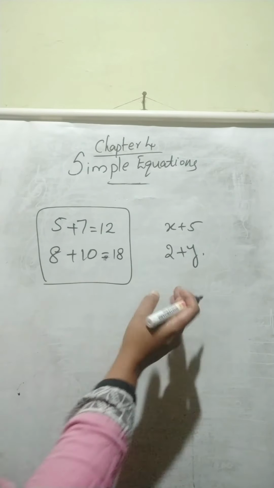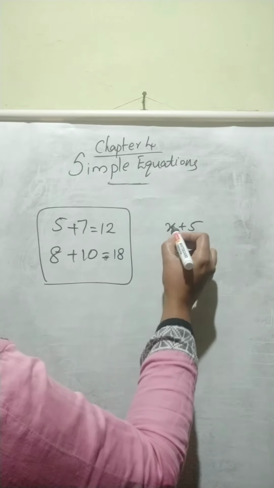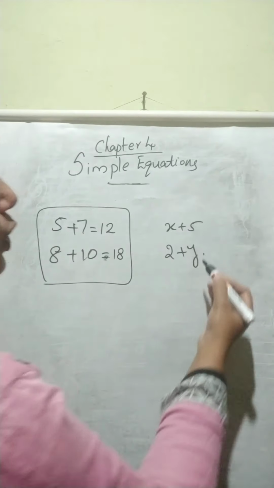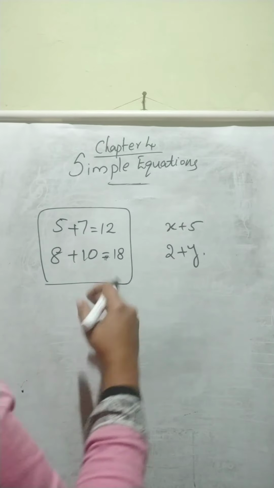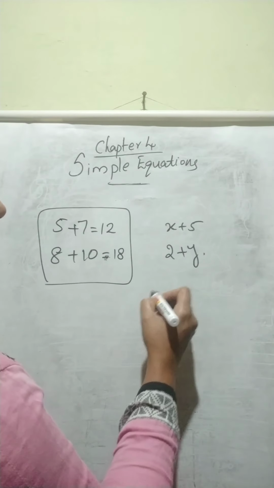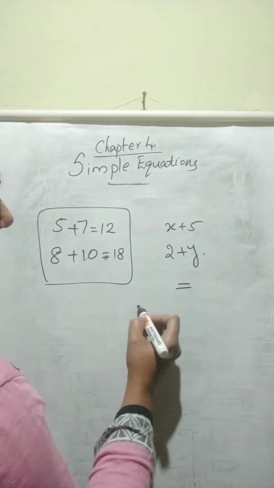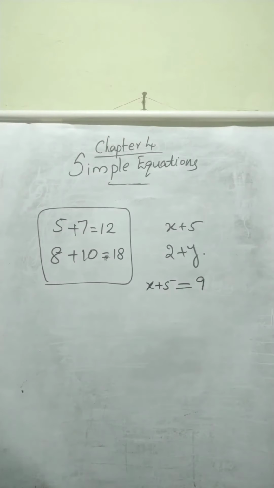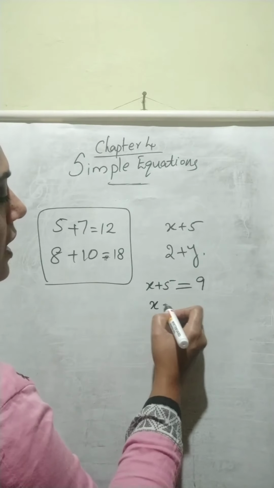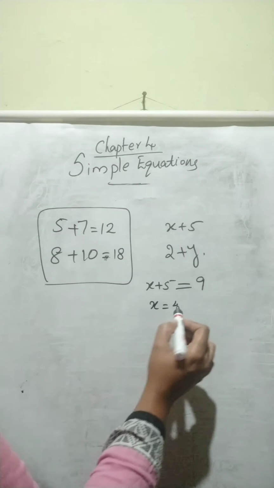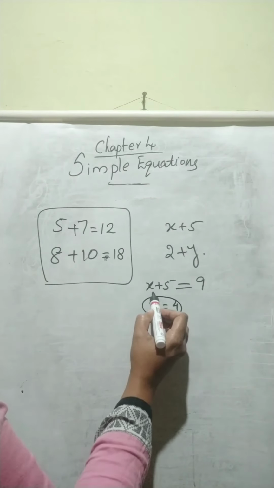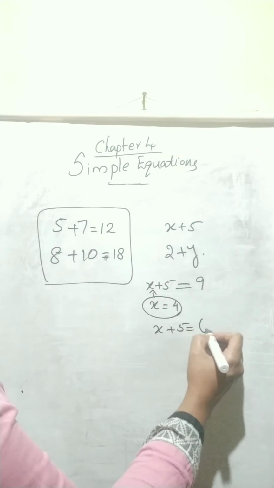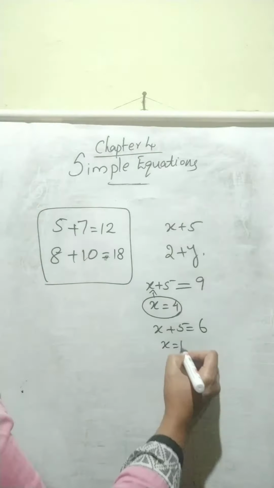Then x plus 5, 2 plus y, we don't know the value of this. But if there is an equal to sign, x plus 5 is equal to 9, then x is equal to 4. In the case of x plus 5 is equal to 6, x will be 1.